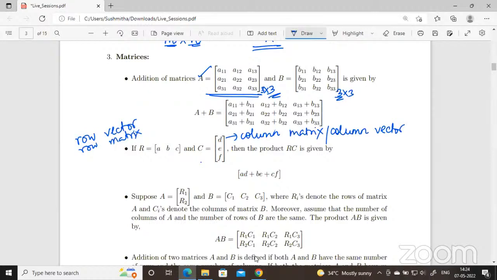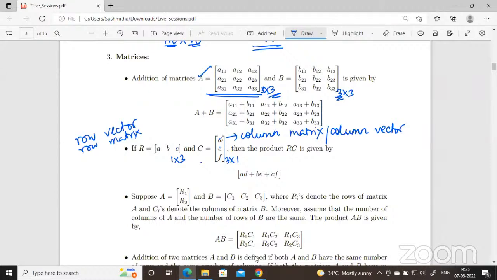That will be clear. If I have a row matrix and a column matrix, this is going to be 1 cross 3 and this is going to be 3 cross 1. The product is defined by multiplying each of the corresponding components and then adding their products.